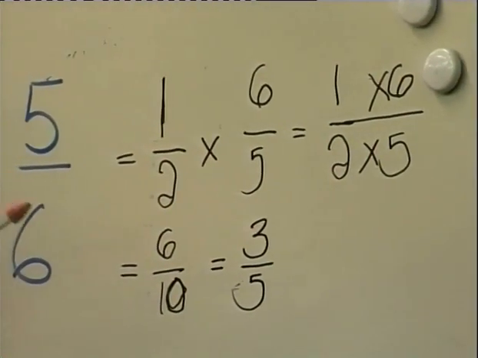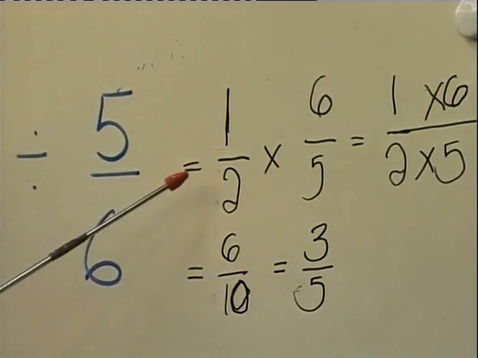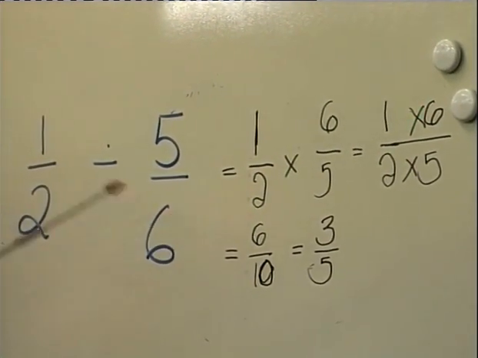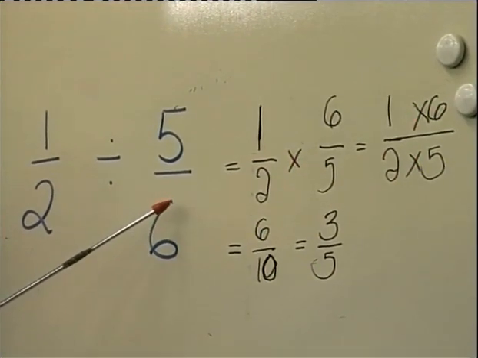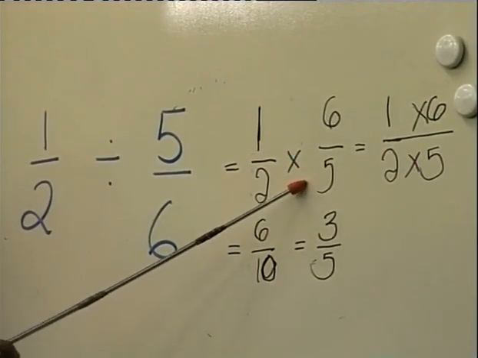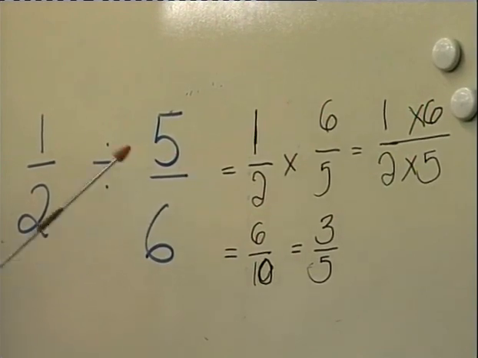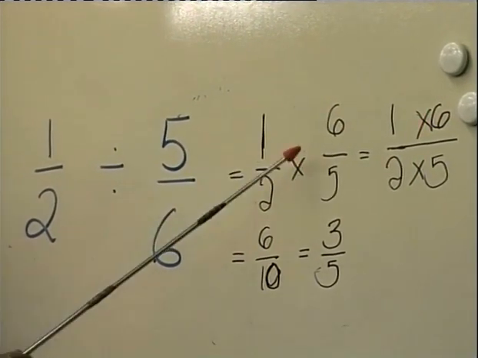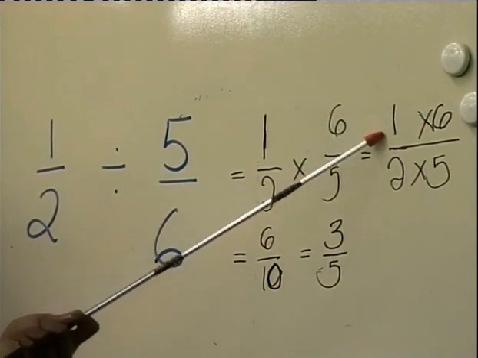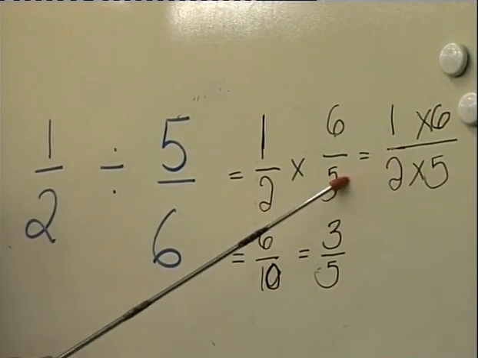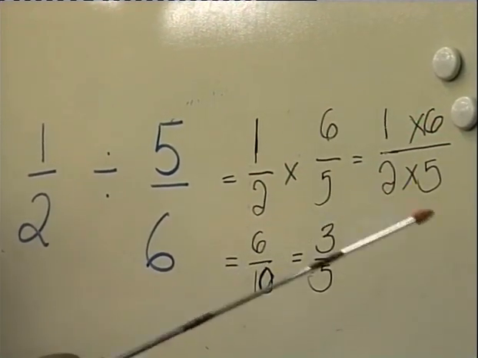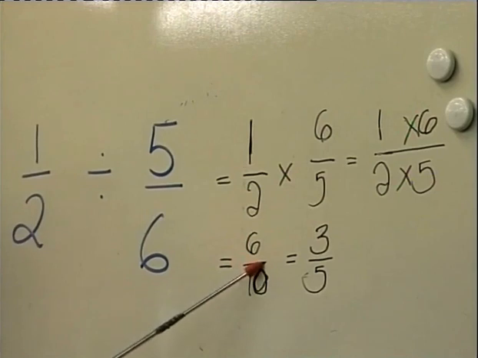Half divided by 5/6. Using the reciprocal method, division changes into a multiplication sign, and you get the reciprocal of this fraction, 5/6. You multiply the numerators and the denominators, so 1 times 6, 2 times 5, and then you have 6/10.